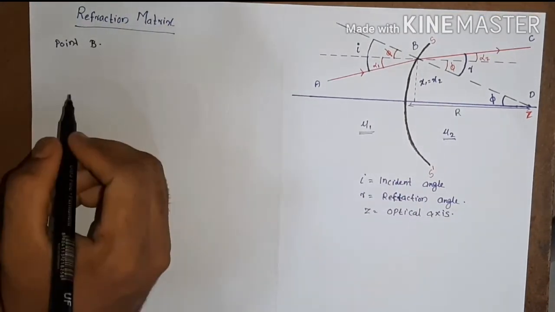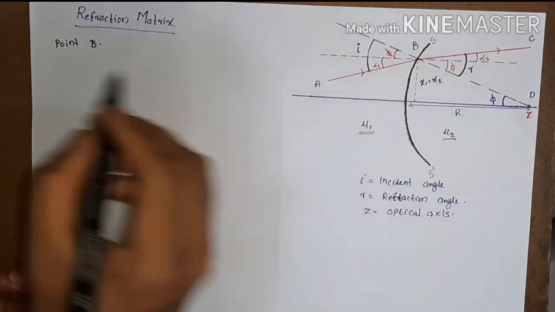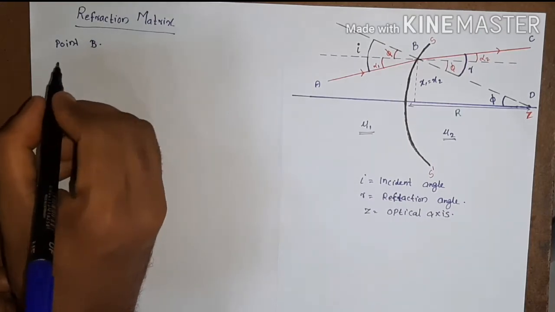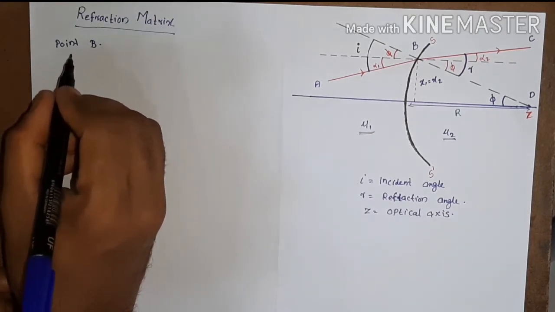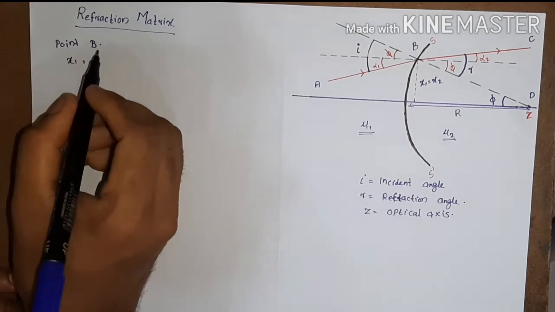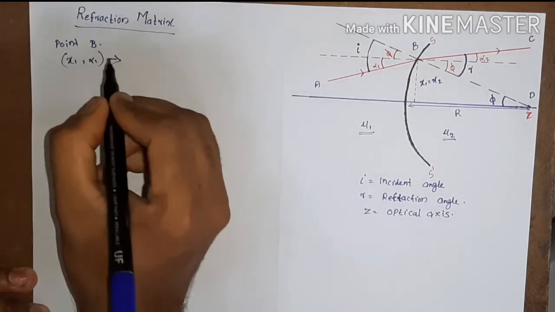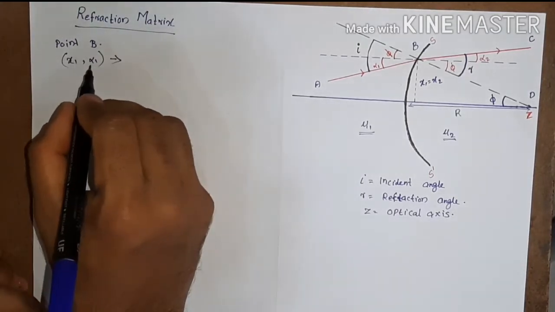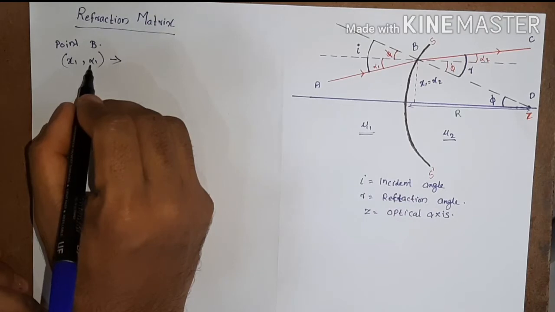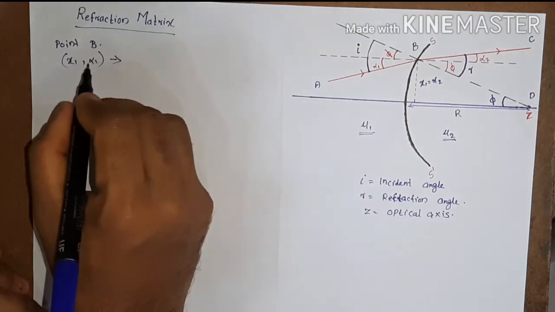Just before this point B, I have the incident light ray, and the coordinates of the light ray just before point B are represented by the distance x1 as well as the angle alpha 1. Generally we represent this alpha 1 in terms of the optical direction cosine, which is nothing but the refractive index times the sine of alpha 1.